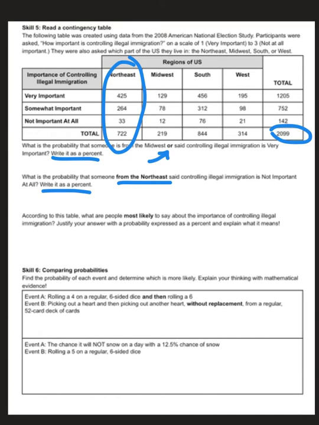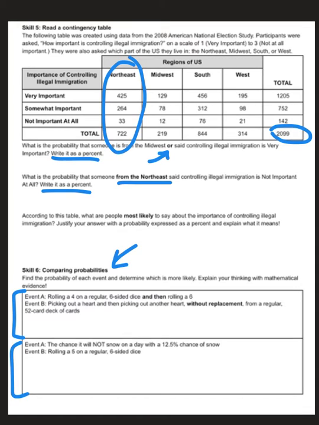And your very last skill down here is something we've been working on all along, and that's comparing probabilities. So determining what is more likely. So for each of these boxes, this one and this one, I want you to determine the probability of each event and then tell me which is more likely.